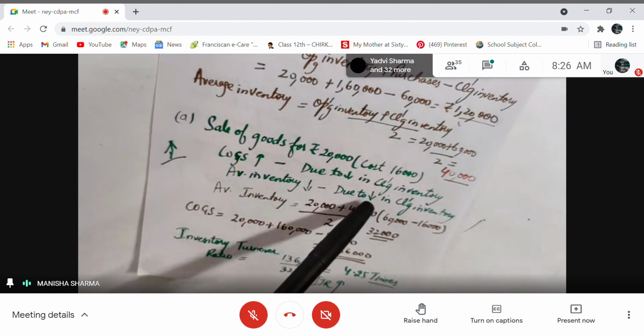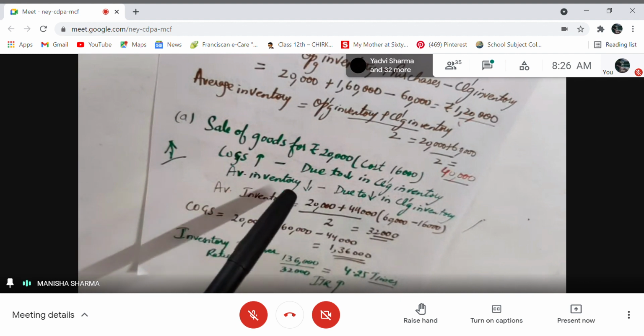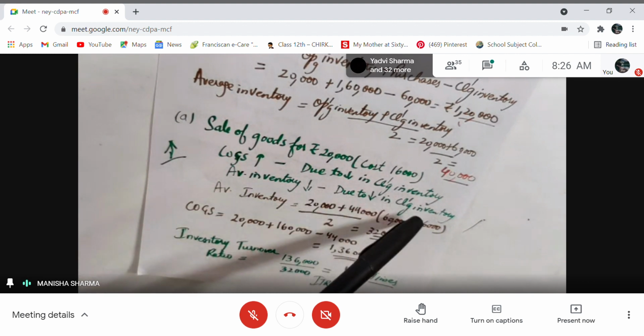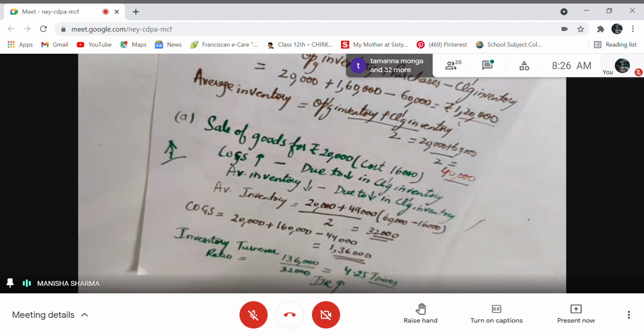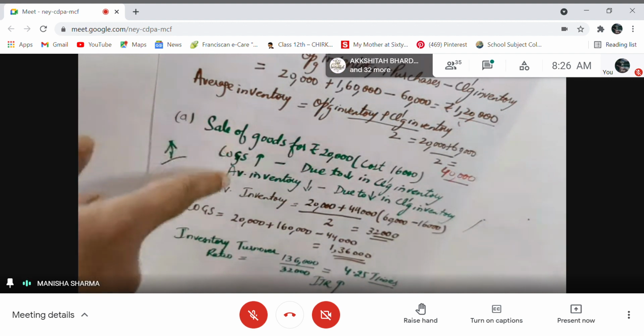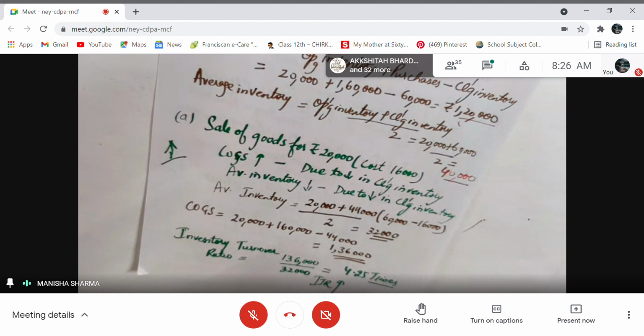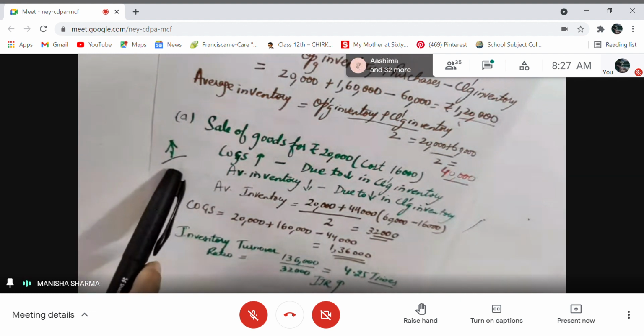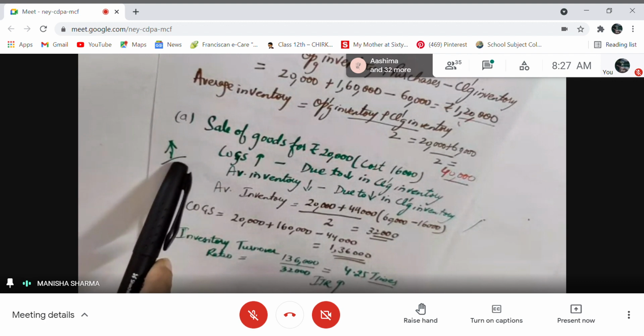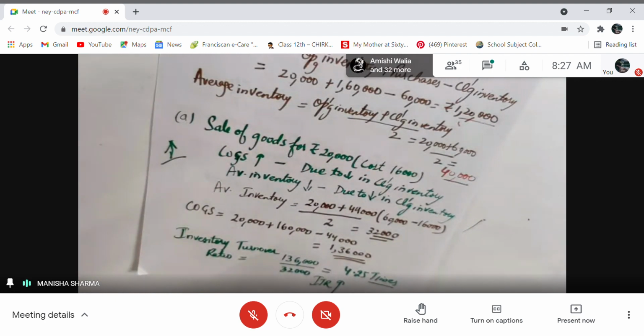The reason is the decrease in closing inventory. Now, given that COGS will increase and average inventory will decrease, the overall impact is that the inventory turnover ratio will increase. How do we calculate and show it? Let's see.